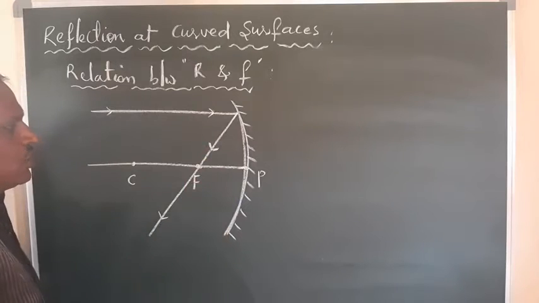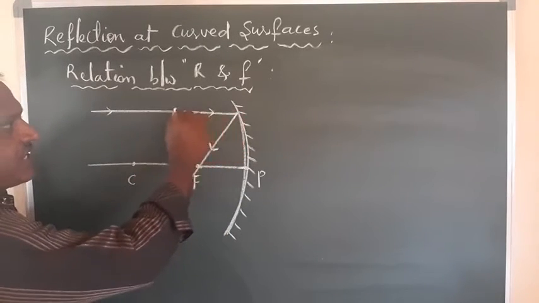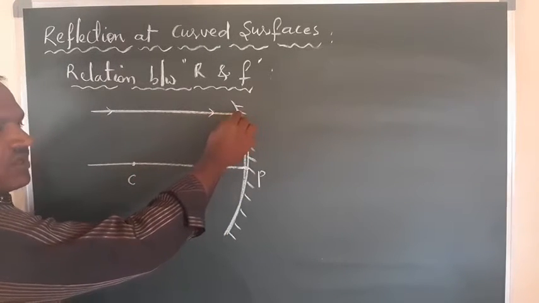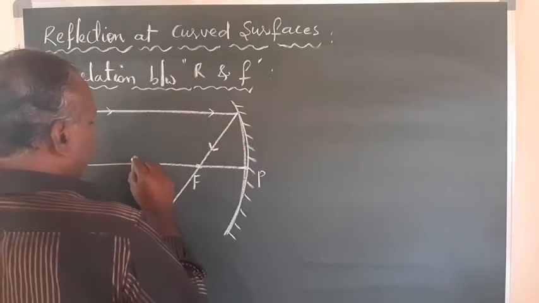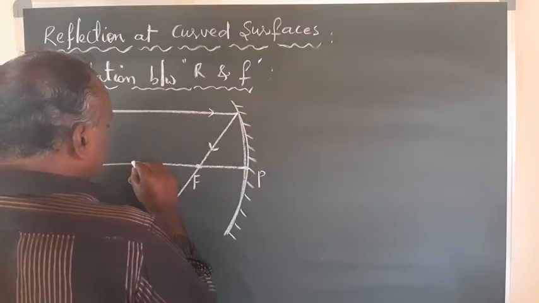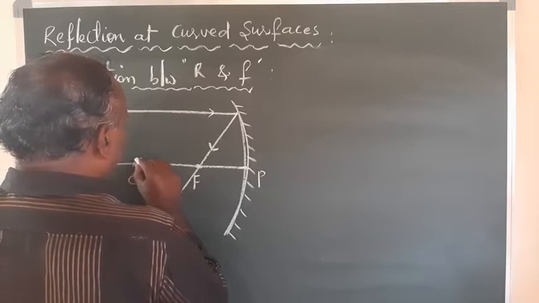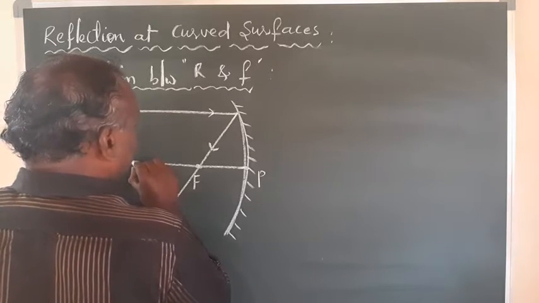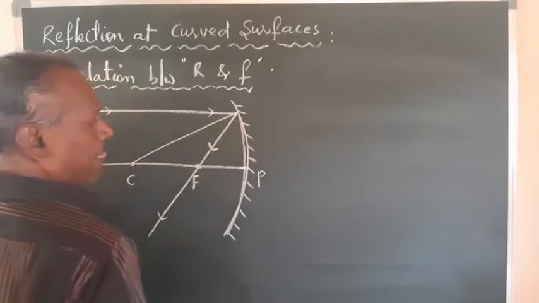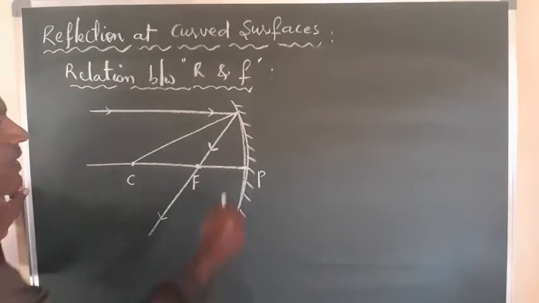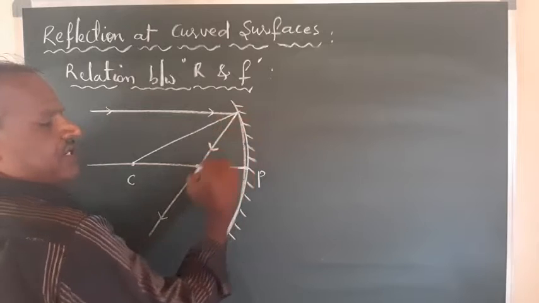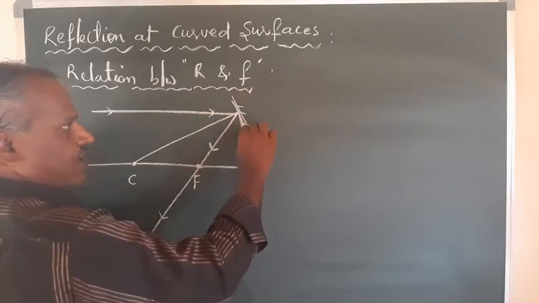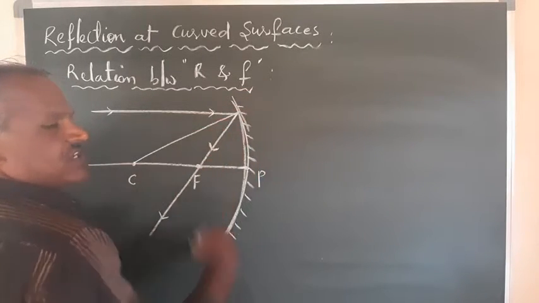Now draw a normal where the ray intersects the mirror, a perpendicular there, because any straight line drawn from the center to the circumference of a circle is always perpendicular to the tangent. This is 90 degrees, this is also 90 degrees.